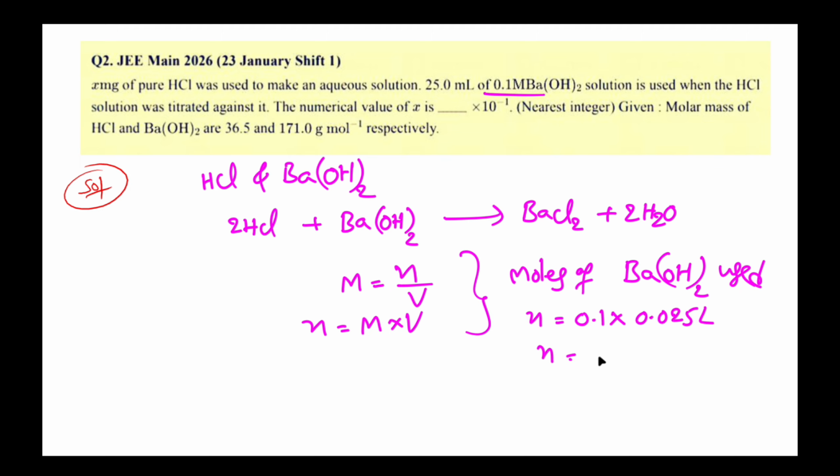So n is equal to 0.0025 mole. That is the moles of Ba(OH)2 used in this reaction.